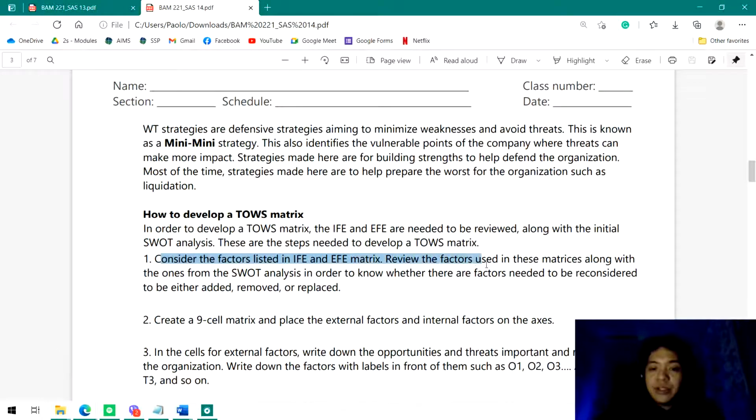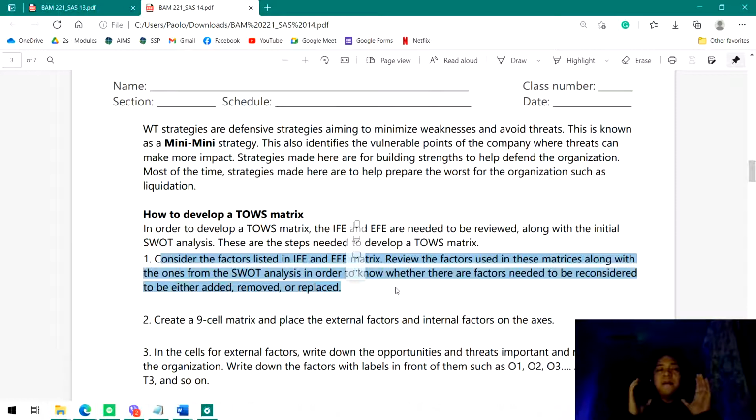Review the factors used in these matrices along with the ones from the SWOT analysis in order to know whether there are factors that need to be reconsidered, added, removed, or replaced. So, kailangan muna, in many kinds of strategies, ang kailangan talaga muna natin is to make sure if these factors na nakalagay sa SWOT analysis and nakalagay sa IFE, EFE matrix natin can be considered as really the factors doon sa company ninyo.